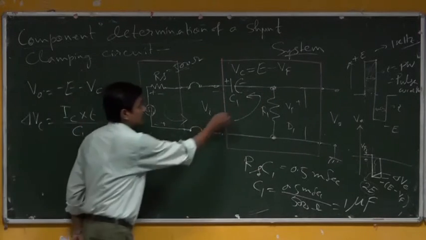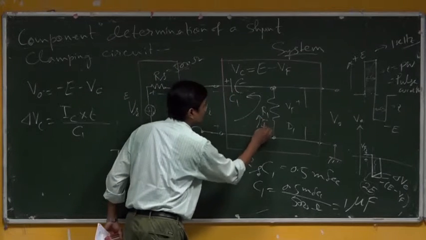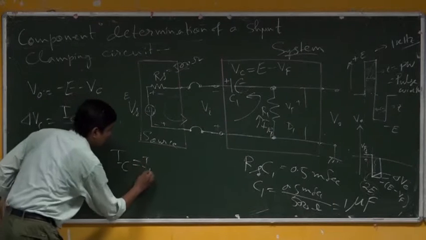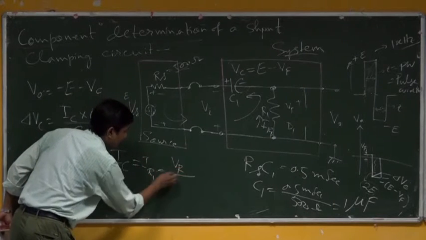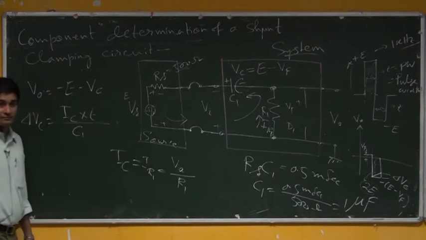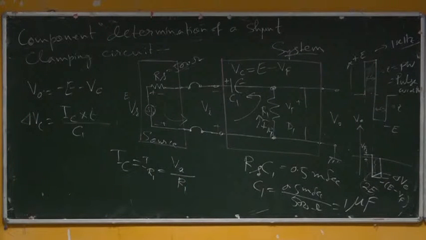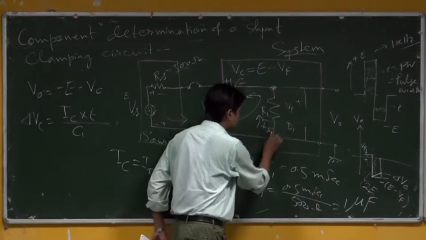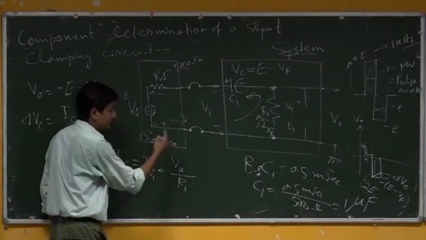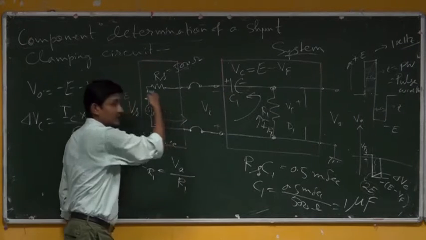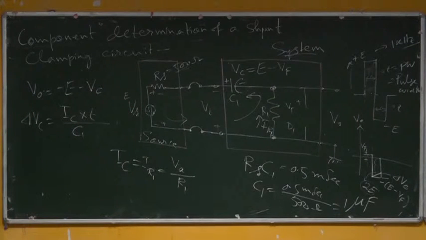The current through the capacitor is nothing but the current through R1, which was VR or V0 by R1. Is it not? The potential across this divided by R1 is the current which was flowing here, and it was circulating through this capacitor and the resistor there.